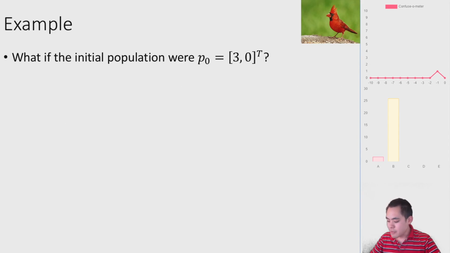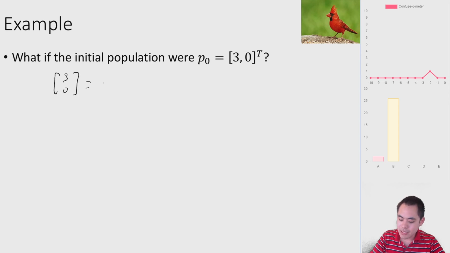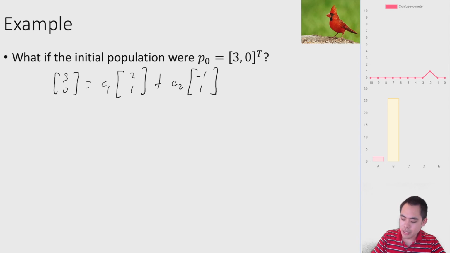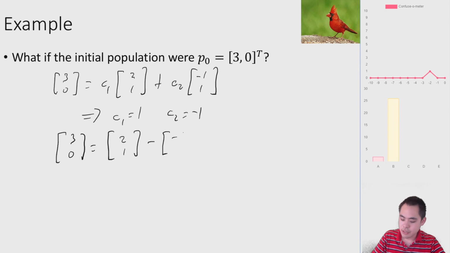And we can also do it for a slightly more complicated example. So using that same example, if we have an initial population of 3, 0, so 3 young and 0 adults, you can write this as a linear combination of the two eigenvectors. And when we do this, you need to solve for C1 and C2. You end up getting C1 is equal to 1 and C2 is equal to minus 1. And therefore, you know that 3, 0 is equal to 2, 1 minus 1, 1.